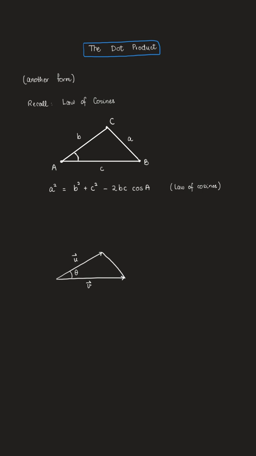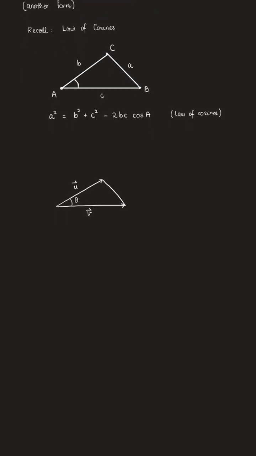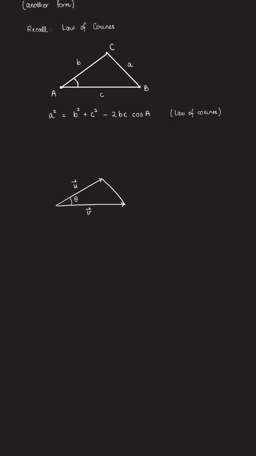We're going to apply it, but we're going to change our diagram slightly. Now I'm going to label one side of our triangle vector v. And I'm going to use a vector to represent the other side of the triangle, vector u. So v is like side c, and vector u is like side b in our triangle.